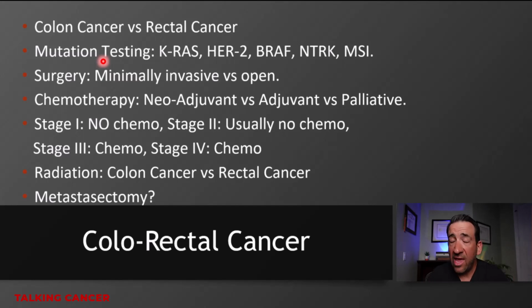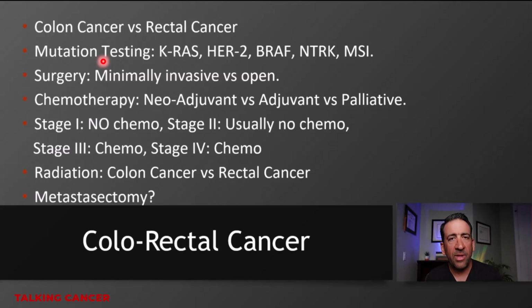In the case of lung cancer, for example, maybe you were a heavy smoker and that damaged your DNA, resulting in a mutation. So in colon cancer, there are certain mutations that we can test for, and if you have a specific mutation, we have potential treatment options for that mutation.